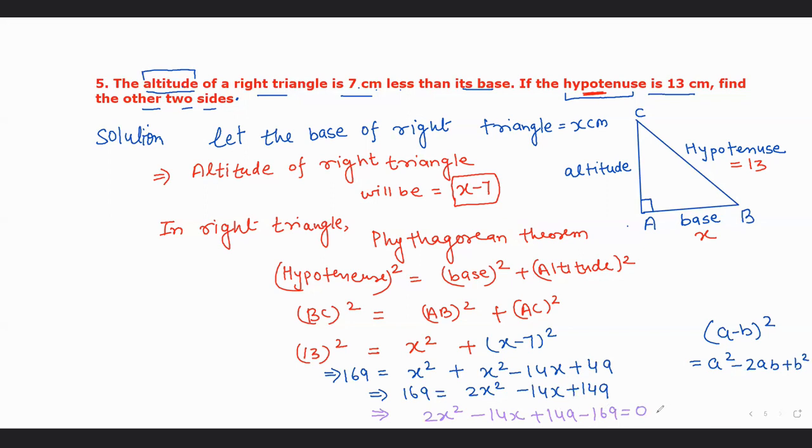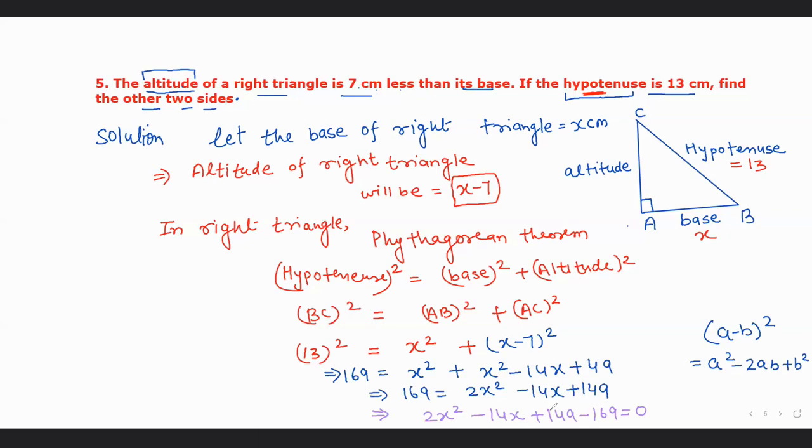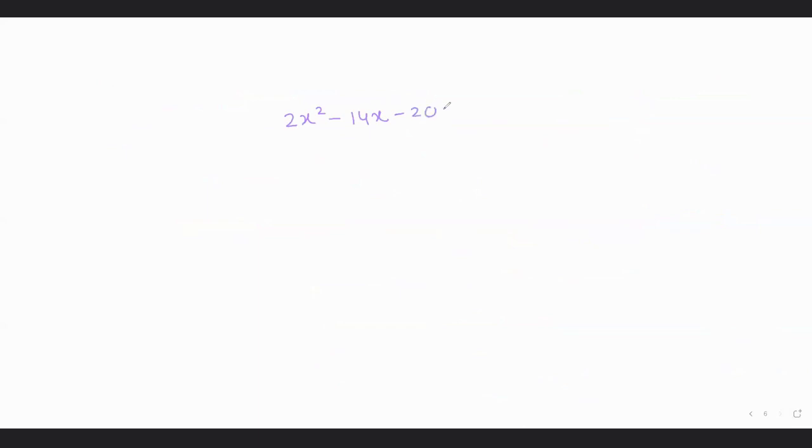And this equation will become 2x square minus 14x, and the last term, that is 149 minus 169. So if we solve this, it is minus 20. So we can write minus 20 equal to 0. Now again, we can divide this equation by 2. So if you divide by 2, it will be x squared minus 7x minus 10 equal to 0.